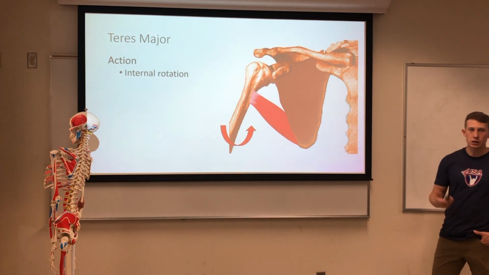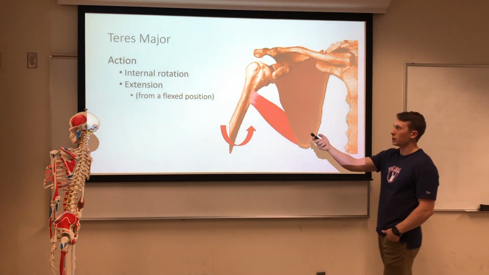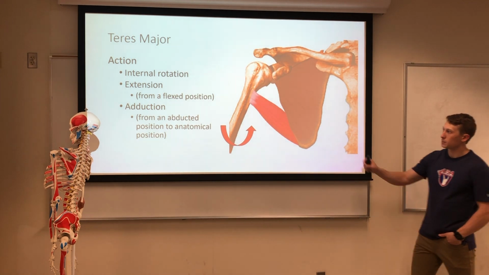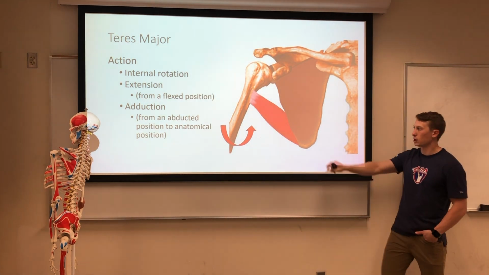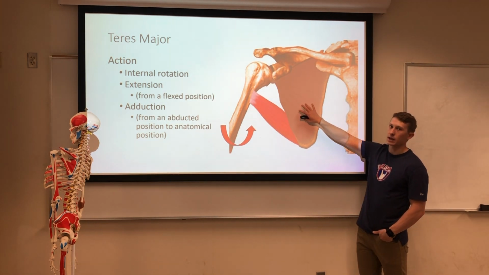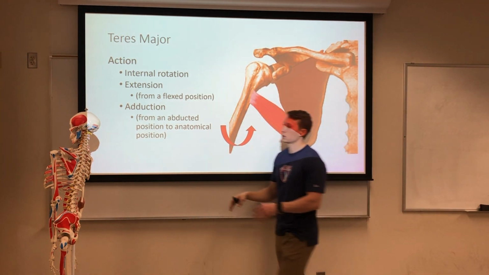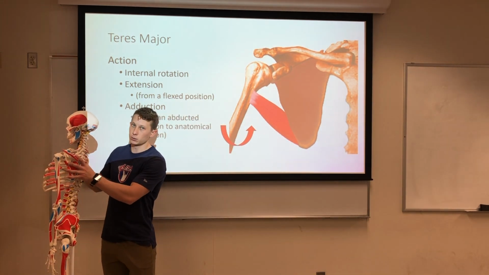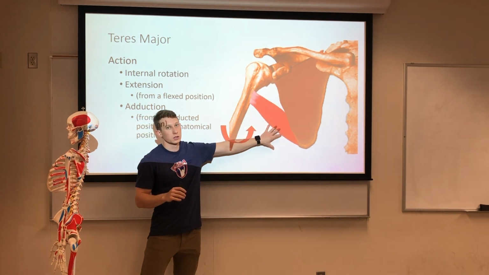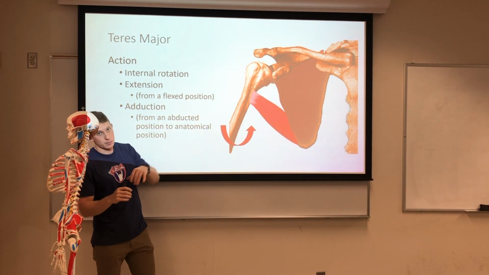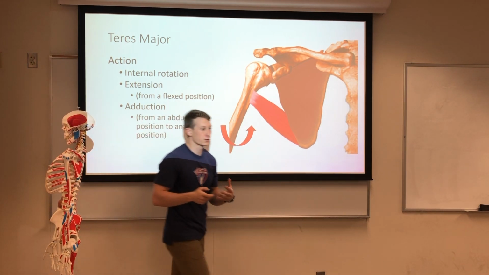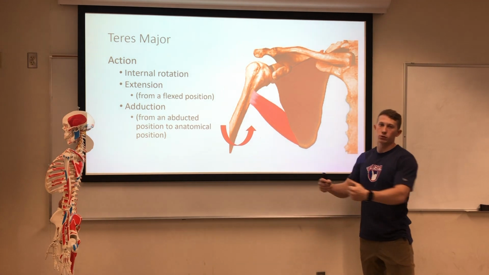So internal rotation, synergist for extension with latissimus dorsi, and adduction, especially from an abducted position back to anatomical position, but these are only allowed when the scapula is fixed in a retracted or stable position. Once the scapula begins to move, we lose force from our teres major because it is reliant on scapular stability. That's where those shoulder girdle muscles come in handy as we're going through gross motor functions.